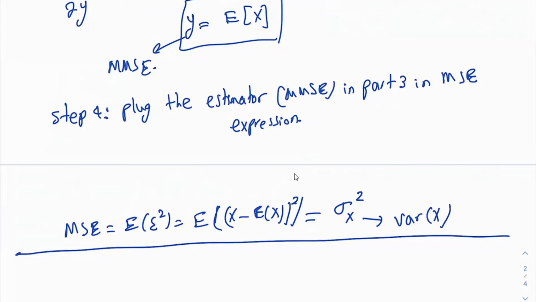I'm going to solve one more example to estimate a random variable x using a linear combination of some random variables, maybe n random variables, maybe 2 random variables. The mechanic is pretty much the same. After that, I'm going to solve some problems related to the linear MMSE. I'm going to discuss what that is. It's a very, very important concept, linear MMSE.